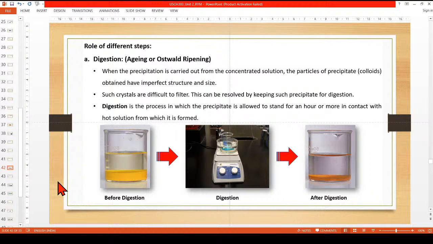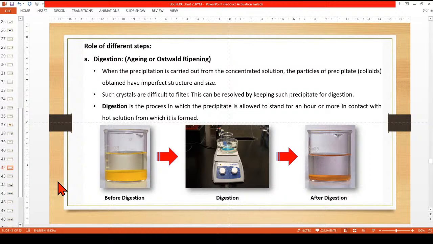Now the next process is digestion. Digestion is growing your crystal. Okay, शुरू में compound crystal बहुत छोटा था, अभी आप लोग उसको बड़ा कर रहे हैं. So this is Ostwald ripening. Ostwald ripening में क्या होता है, बड़े क्रिस्टल रहेंगे और कुछ छोटे क्रिस्टल भी रहेंगे.